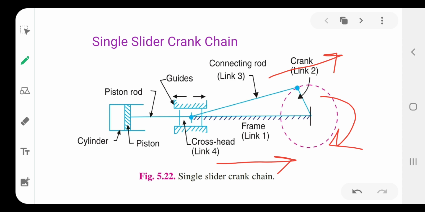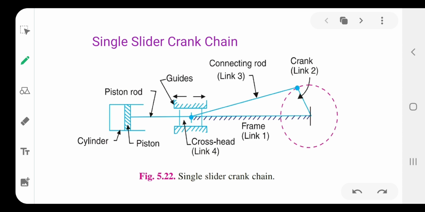As the connecting rod reaches this position, the cross slide moves forward and the piston moves forward. Okay, so this is the mechanism of a single slider crank mechanism. In this, link number 1 is fixed, it is a frame. Link number 2 is the crank. Link number 3 is the connecting rod, and link number 4 is the cross slide.